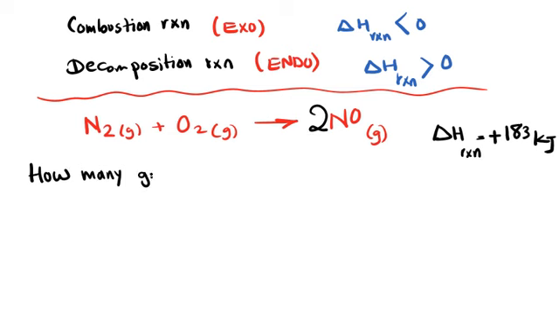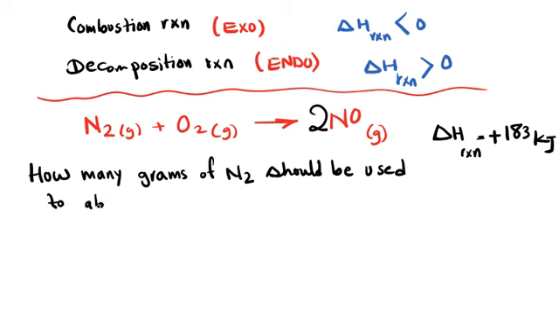So the question says, how many grams of nitrogen should be used to absorb 2.91 kilojoules?